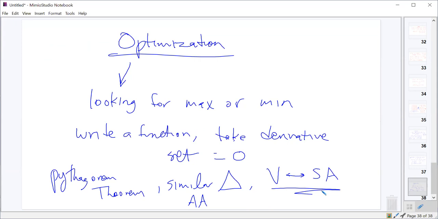So they'll tell you the volume needs to be this amount, you know, find the maximum surface area. So you'll write an equation for the surface area, but then you will take some information about the volume to put, let's say, r in terms of h, the radius in terms of the height, or the height in terms of the radius, or something like that. Does that make sense to everyone? Yep. All right.